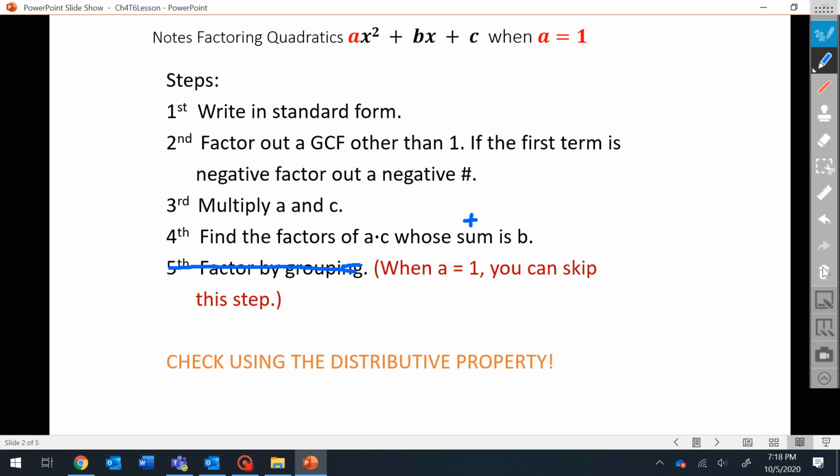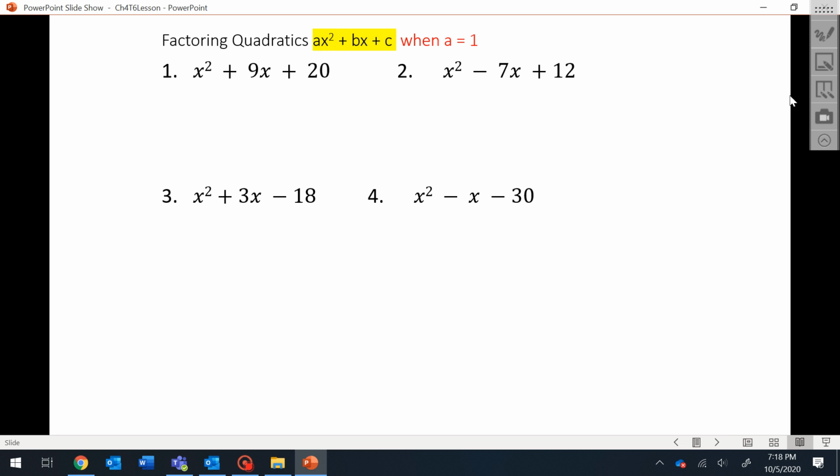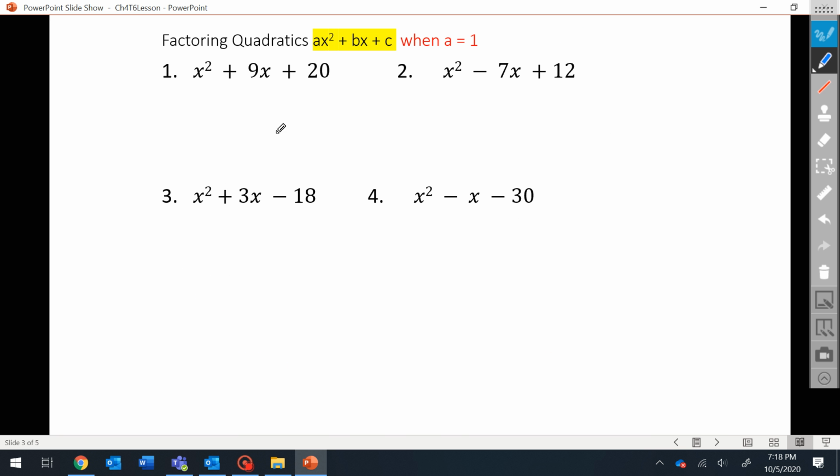Let's see what this looks like. For number 1, the way I usually do this is with a cross, and I have 4 things to fill out in the cross. In the top, I put a times c. In the bottom, I put b.